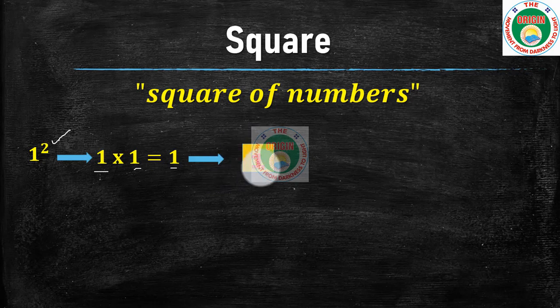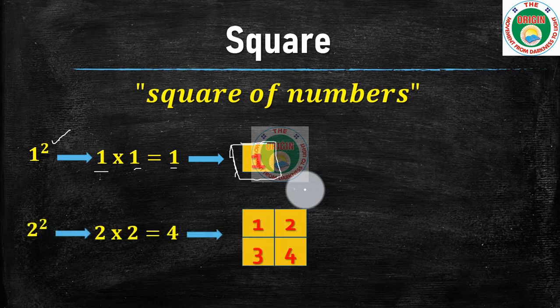According to the geometrical representation, this is a square with 4 equal sides. Next, for 2 square, 2 into 2, 2 multiplied 2 times is equal to 4. That is 4 squares, 1, 2, 3, 4. This is another square.